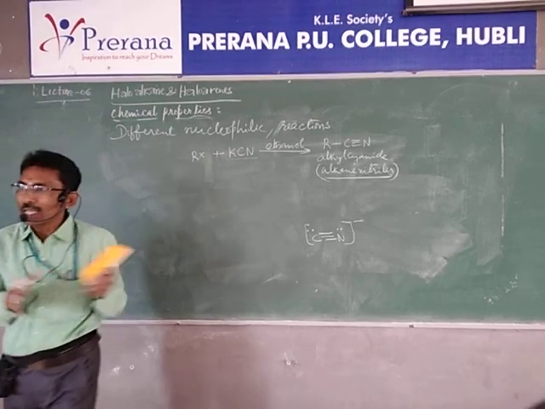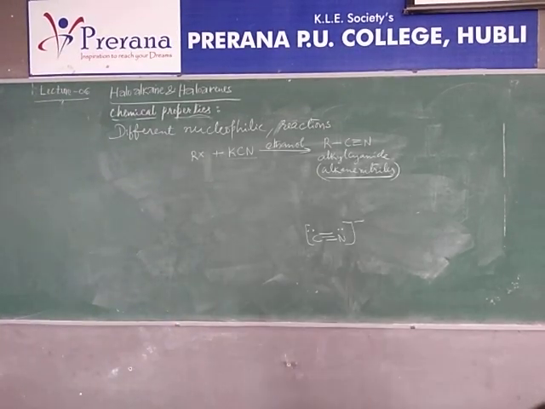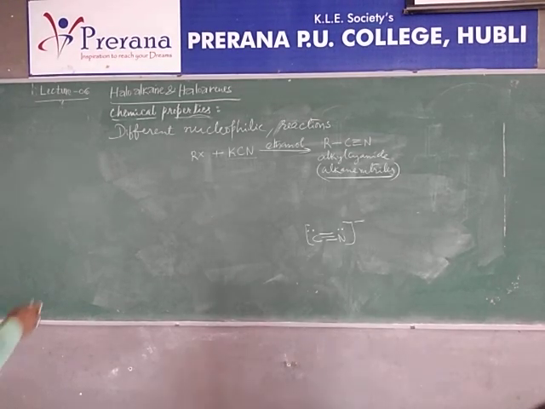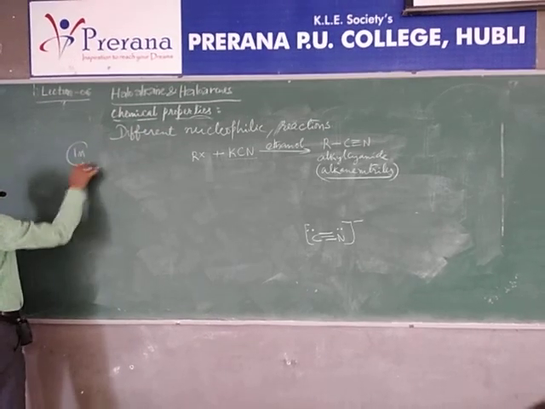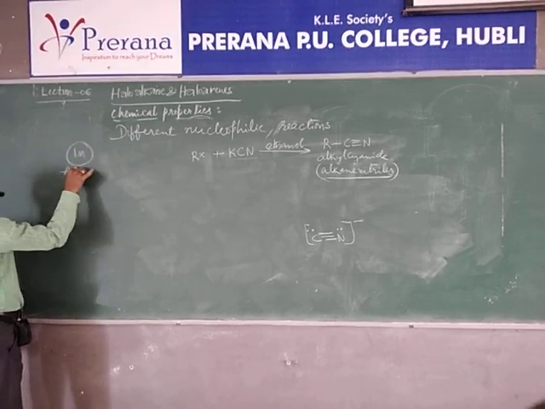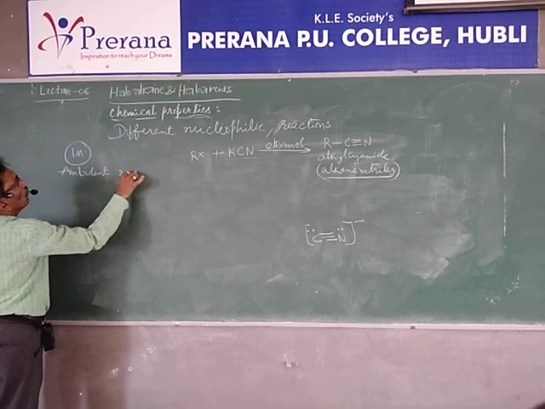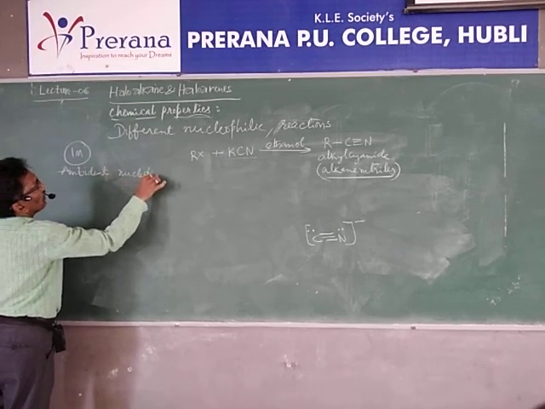But this is a nucleophile capable of linking through carbon as well as through nitrogen. 2 chances it has. So such a nucleophile is known as ambident nucleophile.